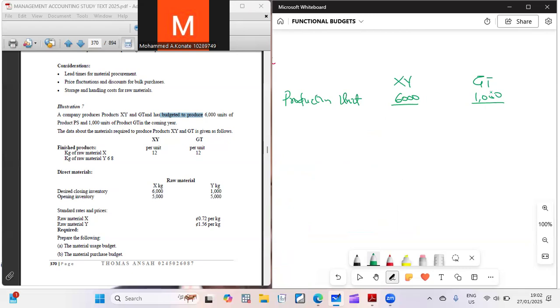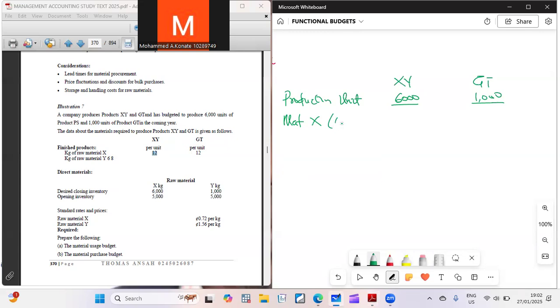They said that if we produce XY, we will need raw materials X and Y. Now, the number of raw materials we need for XY. So here, we will say material X. The per unit quantity you need to produce one of XY is 12. So if we now multiply, for this one, it will be how much?